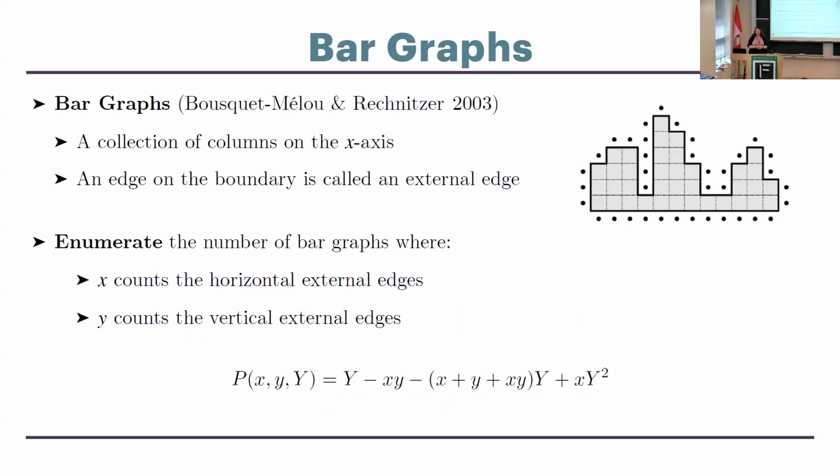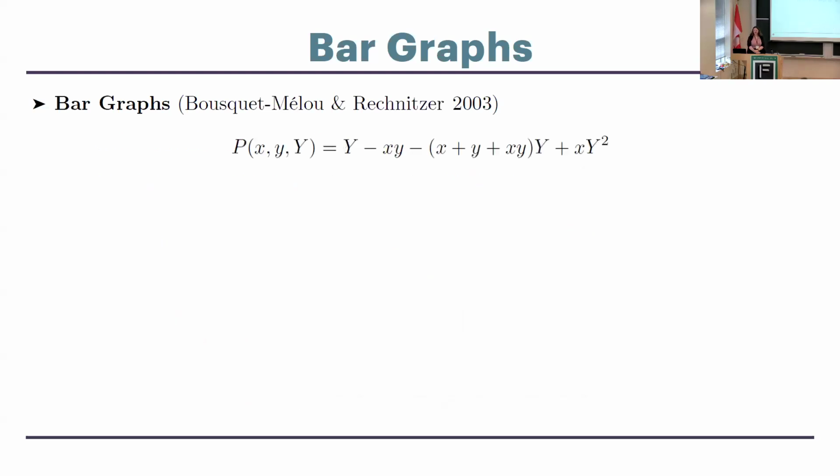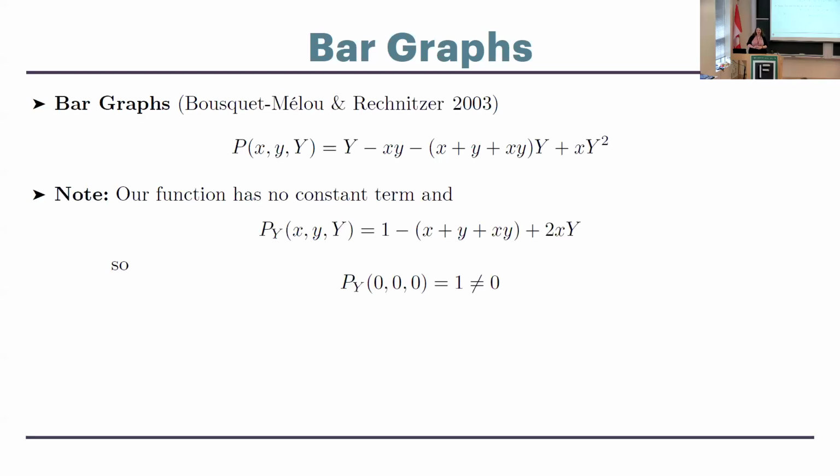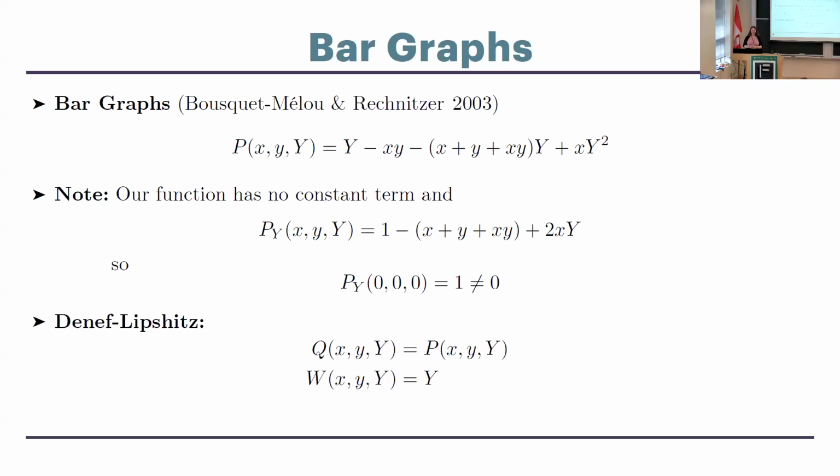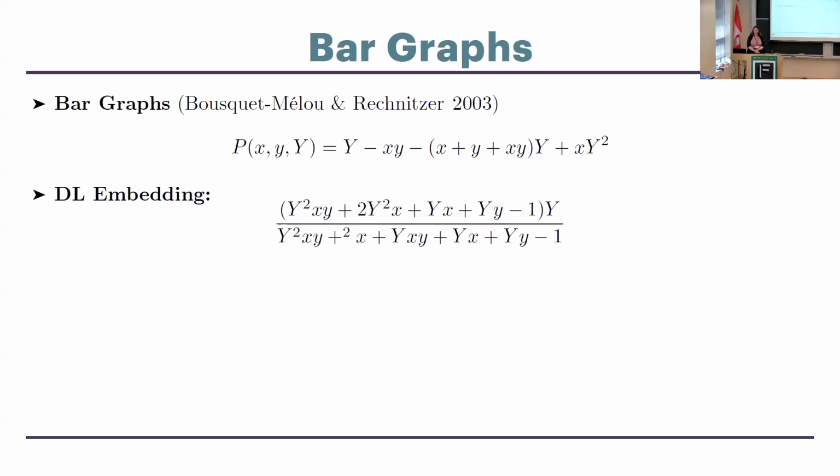In that case, we can get a minimal polynomial here as follows. And we'll notice that our function has no constant term. That's great. And indeed, when we take the partial derivative of our minimal polynomial at 0, it's equal to 1. That's not 0. So we can directly apply Furstenberg or Denef-Lipshitz as Furstenberg, where we set Q as our minimal polynomial P and W equal to Y, and get an embedding for this.